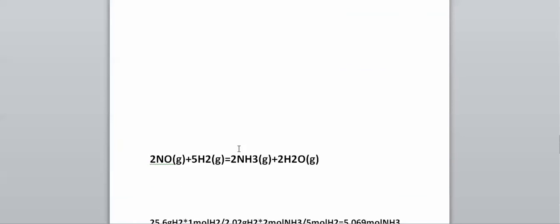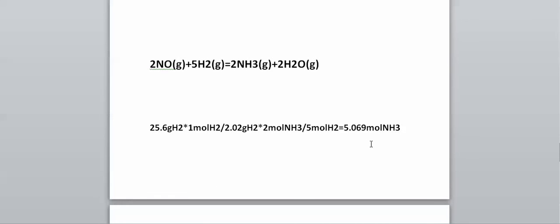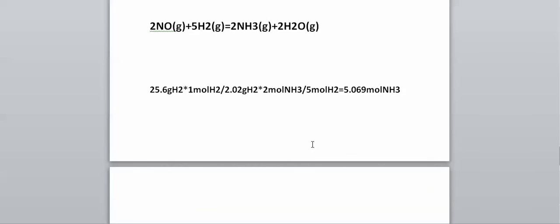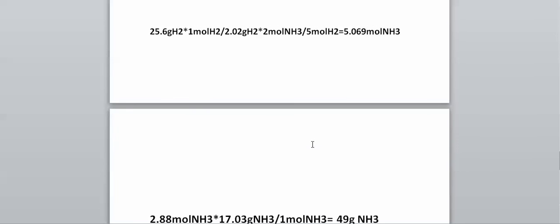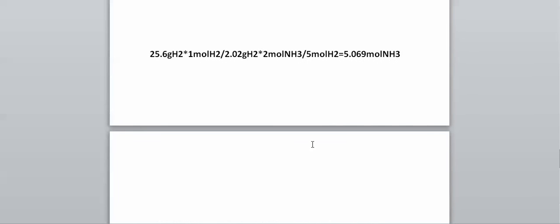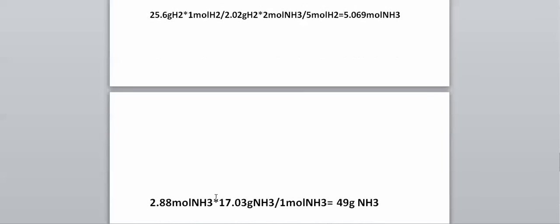We do the same thing for H2 to find out which substance is our limiting reactant. We get 5.069 moles NH3 as the result. Based on our calculations, nitrogen monoxide is our limiting reactant because it makes the least amount of product. Now we need to find the weight of product NH3.